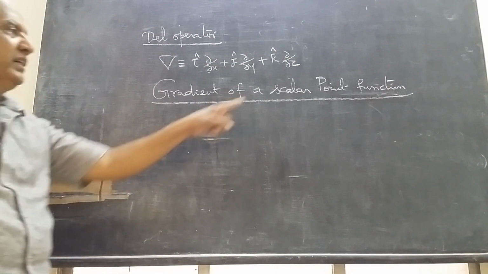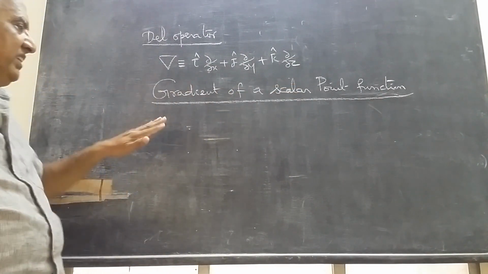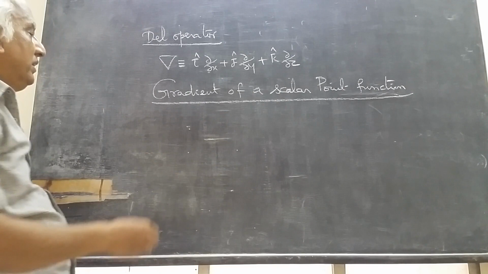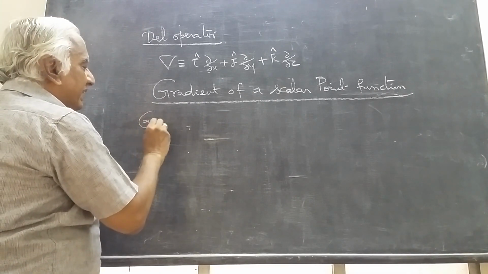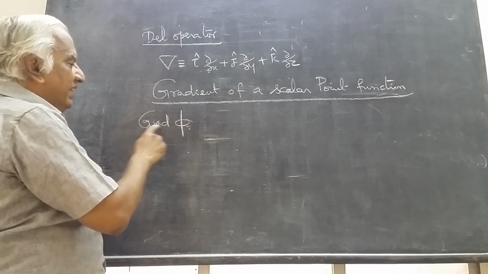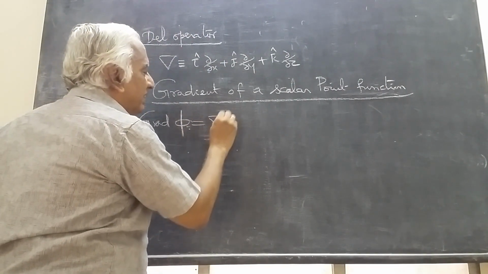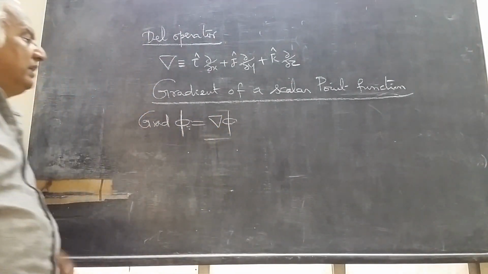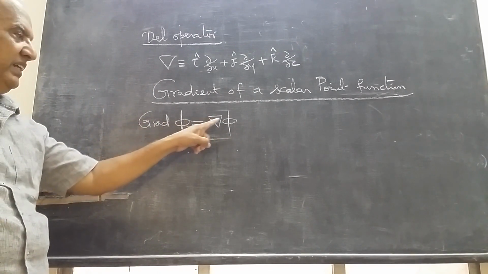We take a scalar point function and define what is called the gradient. So now the gradient of the scalar point function phi is nothing but del phi. Gradient phi means del phi.